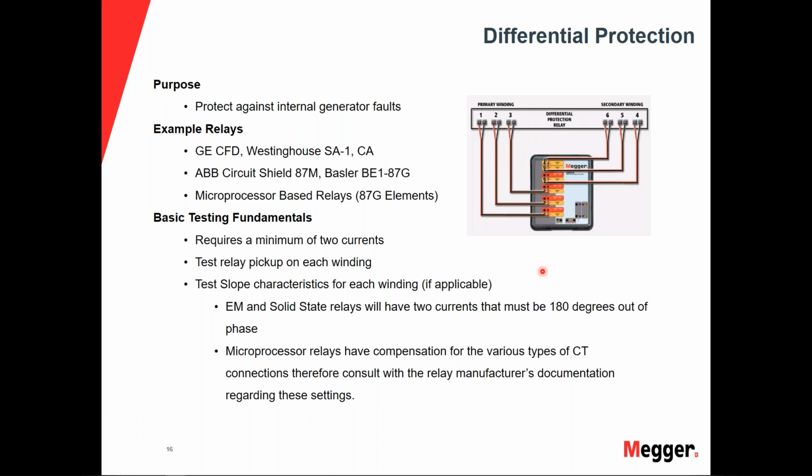That way, just like it is in the system, you can push in three-phase current on both ends, and then also do your faults in the same manner. And then we also want to pick up on each winding just to make sure that our settings are valid, and that everything is calculating out properly.